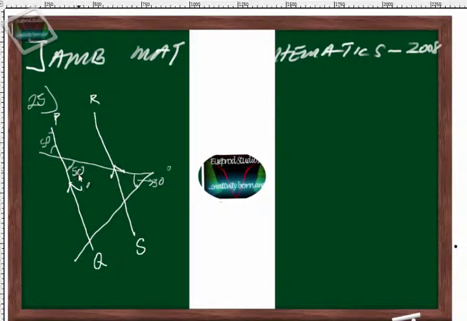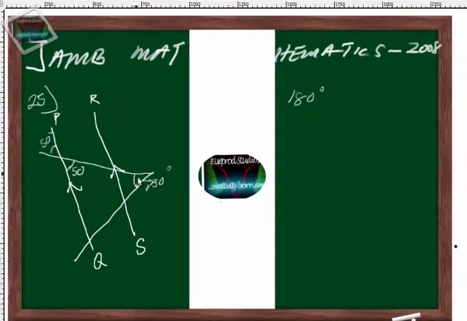And if this place is 50, you will observe again that here, here, and here is a triangle. And we know that the total sum of angles in a triangle is 180 degrees. And already we know two sides. So the third angle will not be that hard to find.